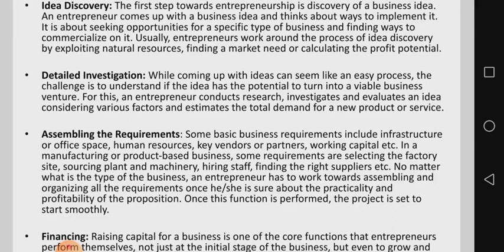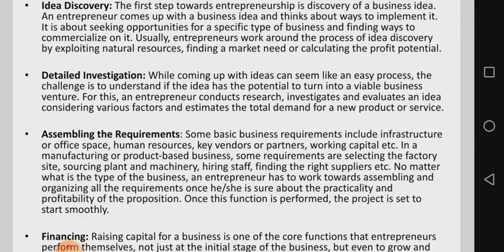So you have got an idea, and you have investigated in detail whether this idea can work or not. Suppose the answer is yes. Yes, the idea that you have thought of will work for your business. Now you will assemble the requirements. If you want to run a business, you need infrastructure.